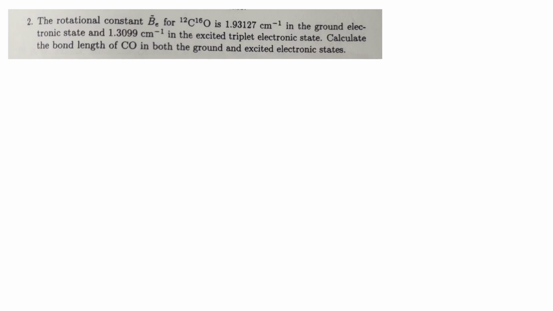1.93127 centimeter inverse. First of all, in physical chemistry, or not even in physical chemistry, in science, when we write so many numbers after a decimal point, that means we have calculated this value that accurately, or else generally we would have been happy to write it as 1.9 centimeter inverse, right?